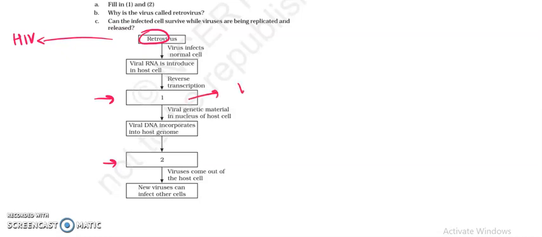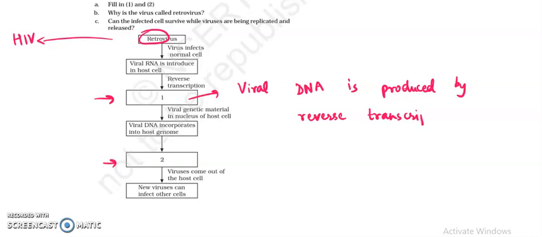So in this block you are going to write viral DNA is produced by which enzyme? Reverse transcriptase. Okay, so if such question come, you need to write like this, and here in the blank 2 you will be writing new, because after this see what is happening. Viral DNA incorporates in the host genome. So after incorporation what is being done?